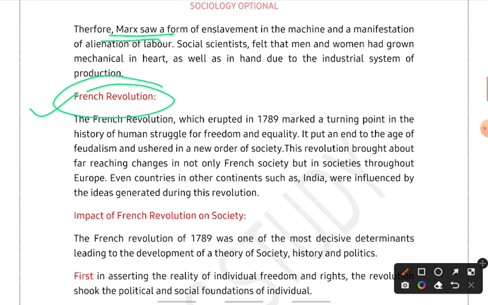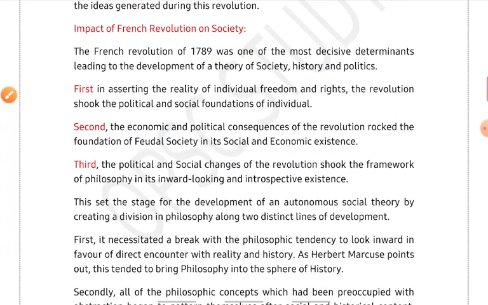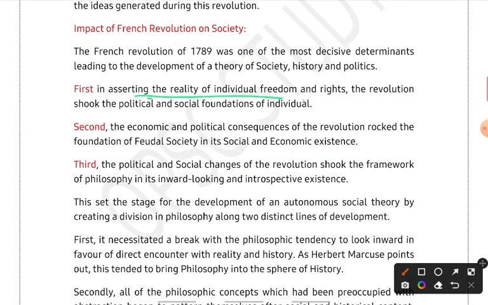Then the French Revolution. What is the French Revolution? Impact of the French Revolution. What was the impact? First, in asserting the reality of individuals' freedom and rights, the revolution shook the political and social foundation. Second, the economic and political consciousness of the revolution rocked the foundation of feudal society.